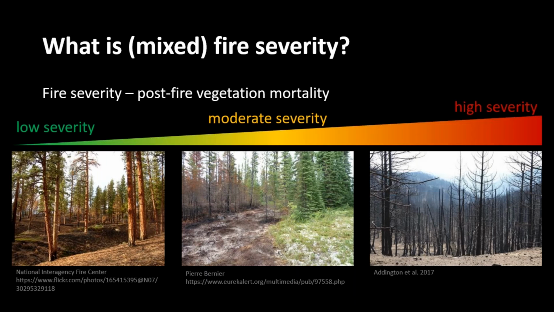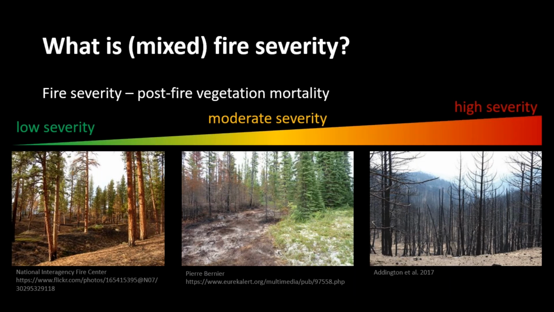Then we have, of course, in certain conditions of weather, climate, topography, and vegetation, fires that become extremely severe and basically kill most or all of the vegetation of the forest.